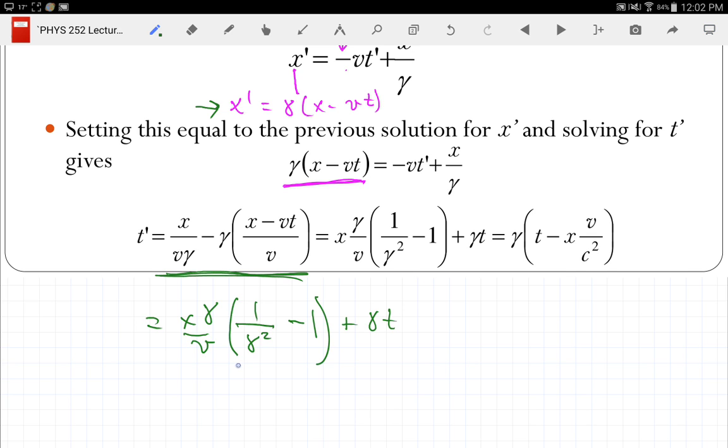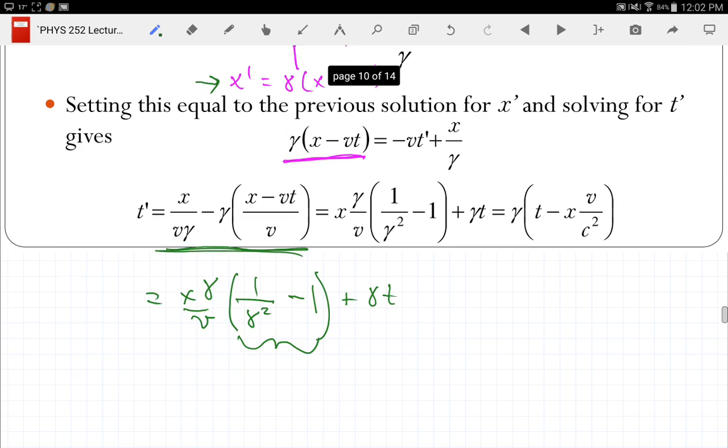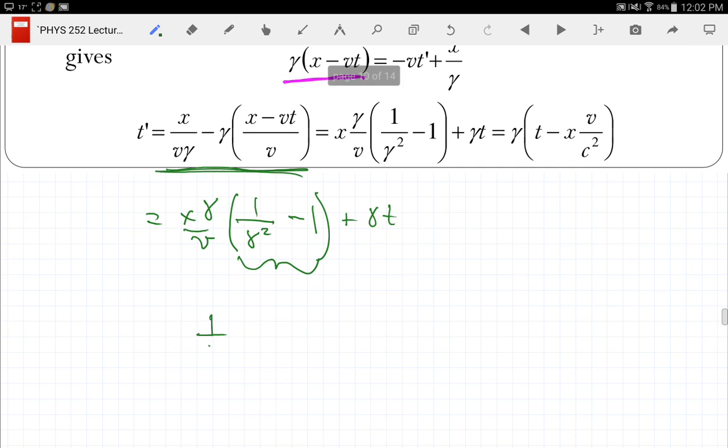But then we recognize this thing right here, 1 over gamma squared minus 1. Since gamma is defined as 1 over square root of stuff, invert it, so I'm going to have the square root on top, square it, and I get rid of the square root.